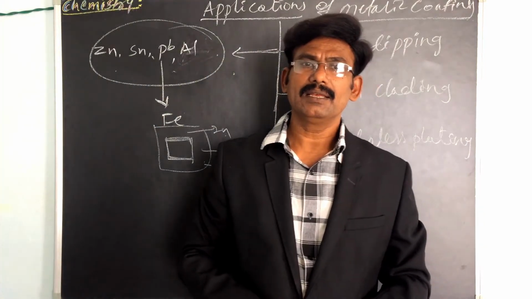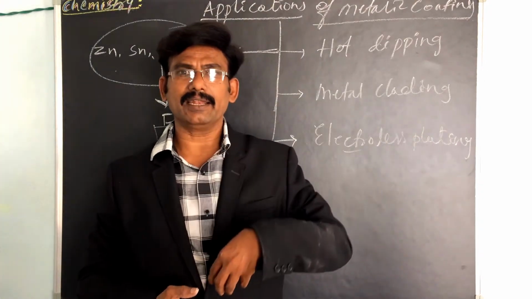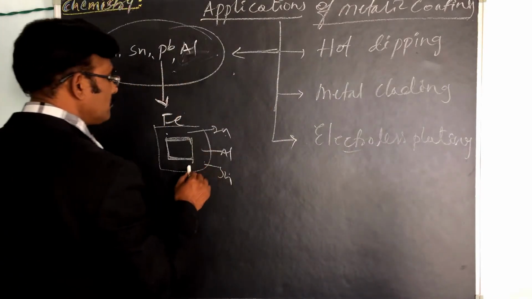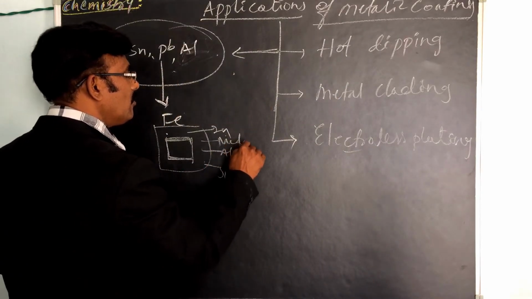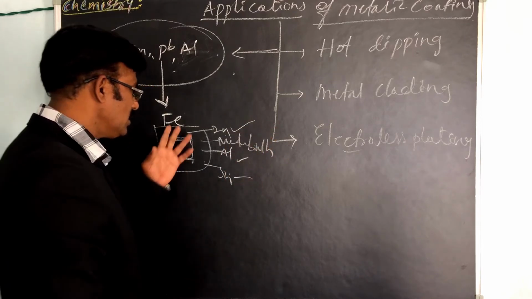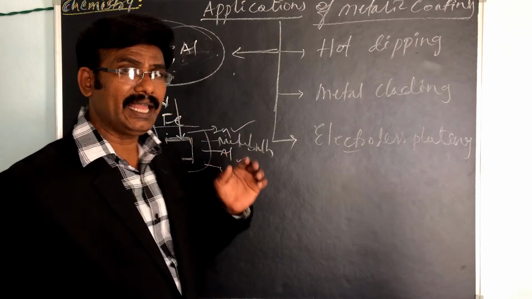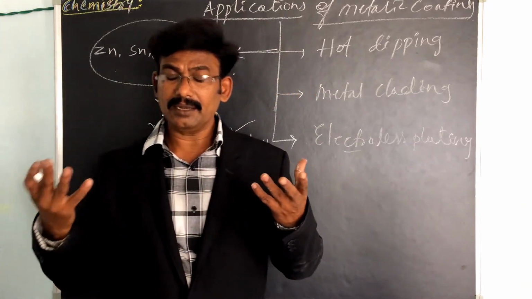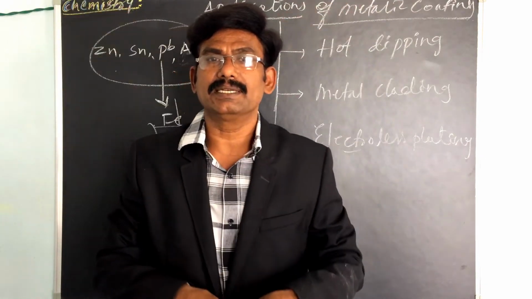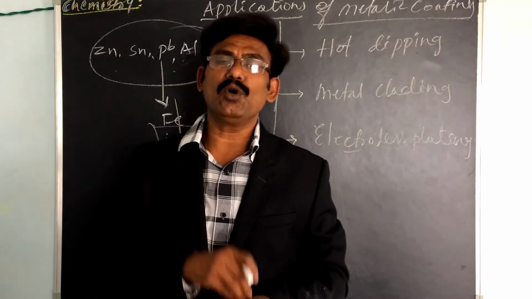So hot dipping means the process involves immersion in a metal bath. Whatever metal you require, zinc, aluminium, or tin, we have to immerse the iron vessels or iron jewelry, dipped in a bath of its molten coating metal.